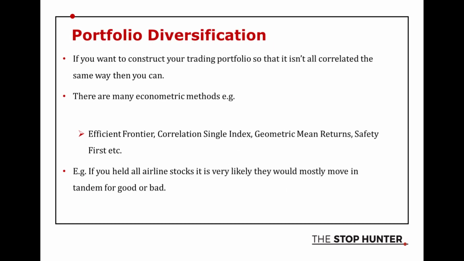You may have heard of that saying, don't put all your eggs in one basket, and that's what portfolio diversification is all about. And there are many econometric models and methods that have been put forward to help you in this space: efficient frontier, correlation single index, geometric mean returns, safety first, etc. And I suppose the idea behind it is, if you hold all airline stocks, it's very likely that they're going to move in tandem for good or bad.